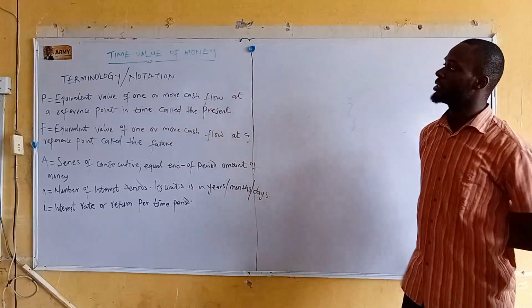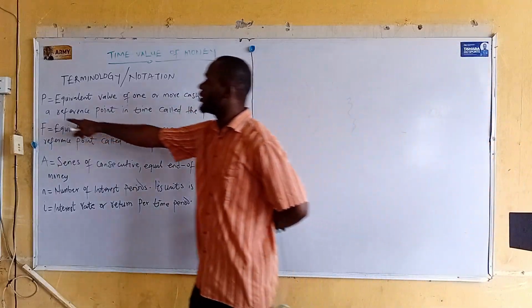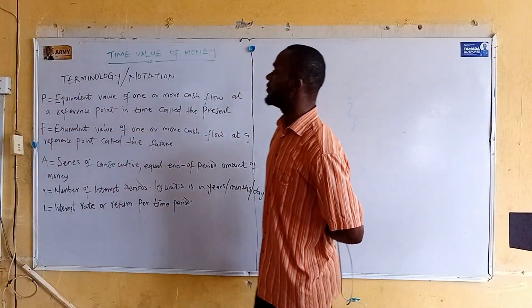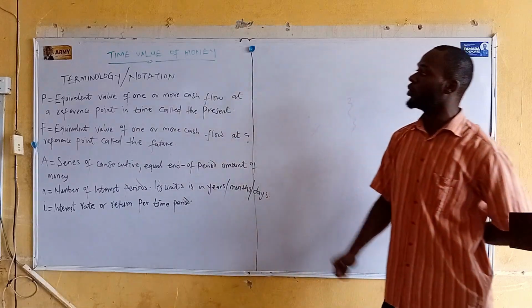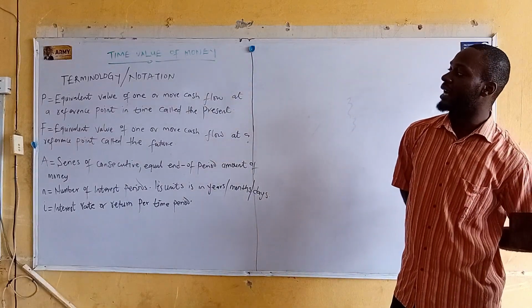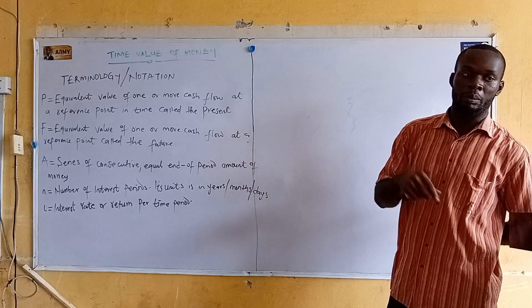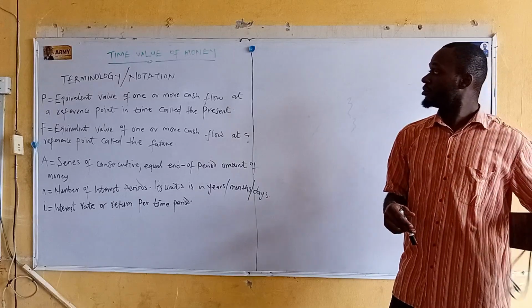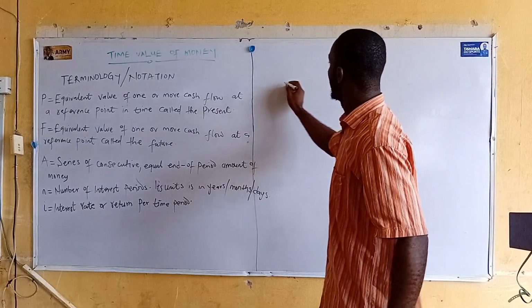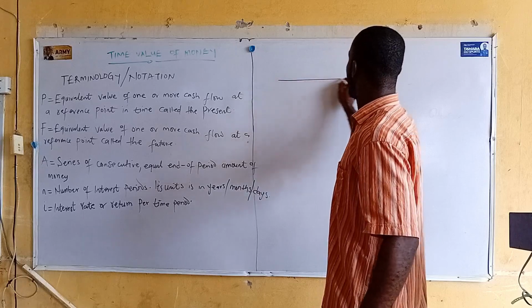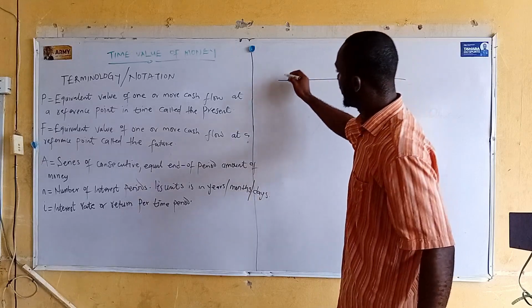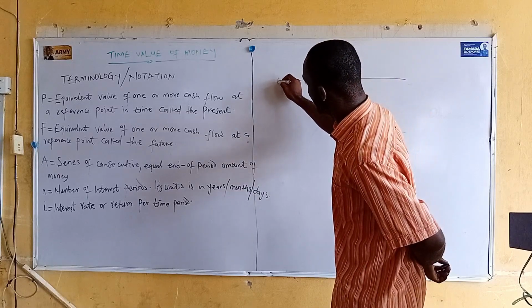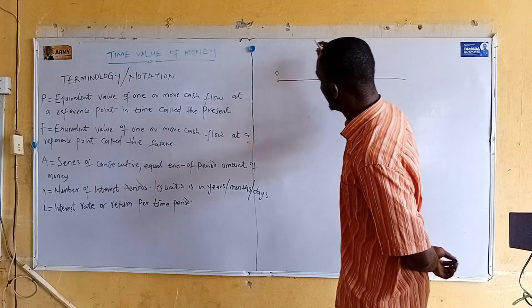Notation for this course is as follows. When you see P, P means an equivalent value of one or more cash flows at a reference point in time called the present. For example, this is the cash flow diagram. The present is what? Zero.